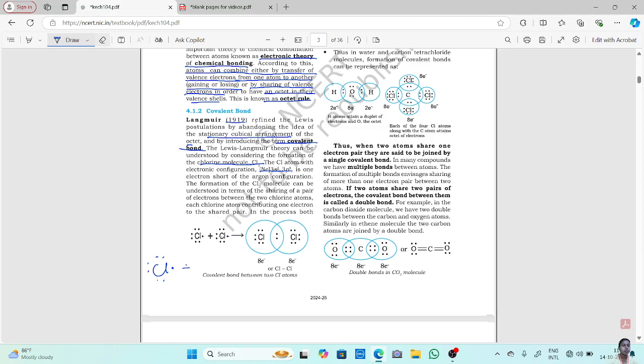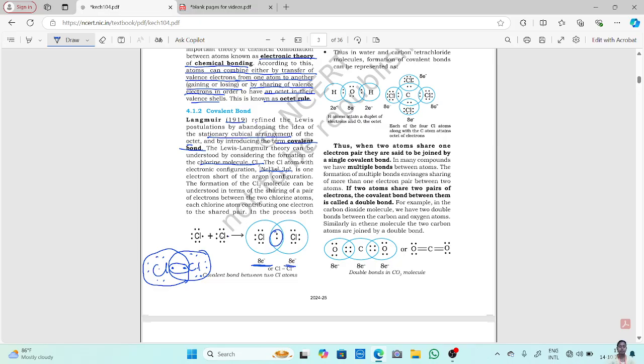These atoms share electrons with each other. This electron can be counted with this Cl also, and this electron can be counted with this Cl also. So this is the sharing of a pair of electrons, two electrons making a pair. Here also the chlorine is completing its 8-electron octet.